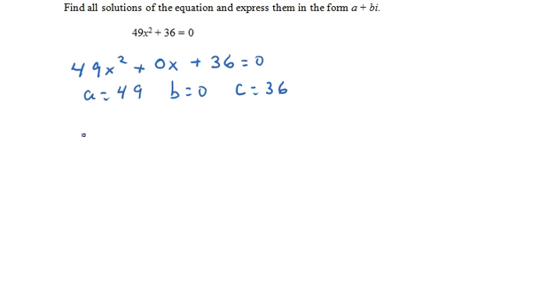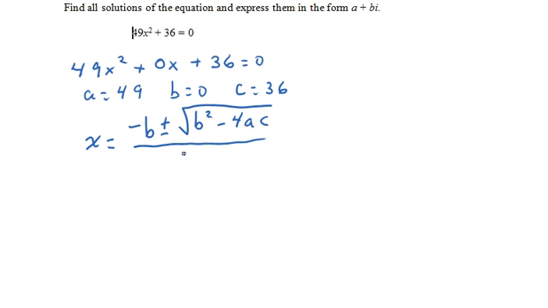Using the quadratic formula, x would equal the opposite of b plus or minus the square root of b squared minus 4ac, all over 2a.